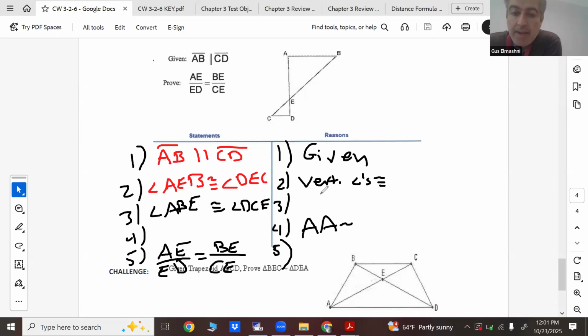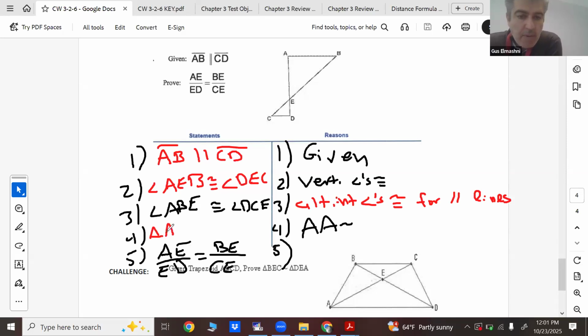That's going to be what? Go ahead, Ollie, again. Yeah, alternate angles congruent. So old stuff. But you do want to make it complete for parallel lines, because you have to make that reference to parallel lines. And then, right, the triangles are similar.